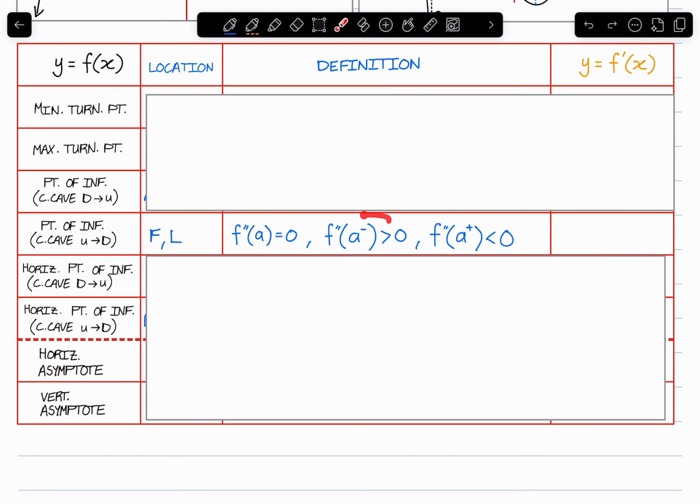To the left of a, the second derivative is greater than 0, concave up, and to the right of a it is less than 0, so it's concave down. That is the definition that I'm looking for.